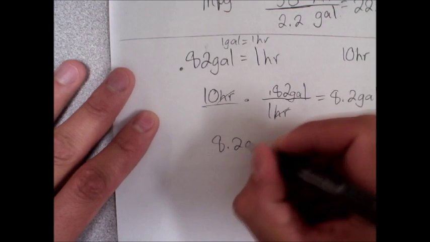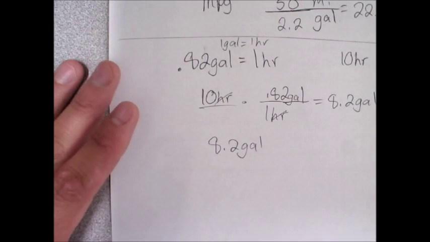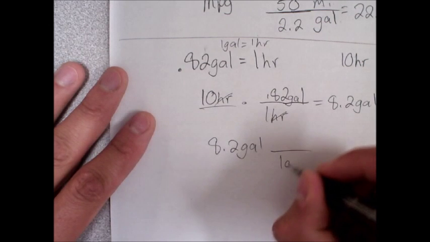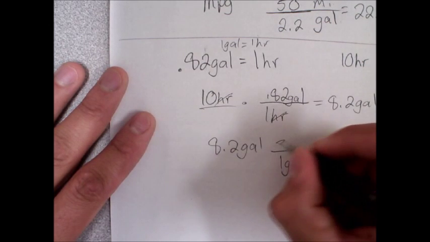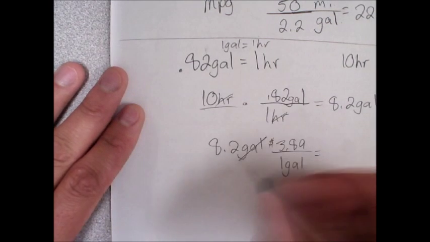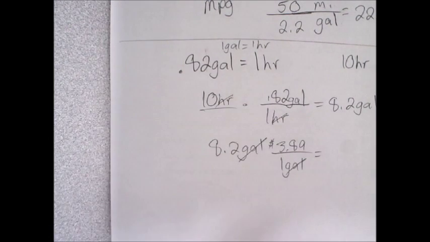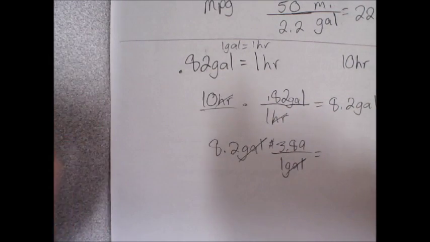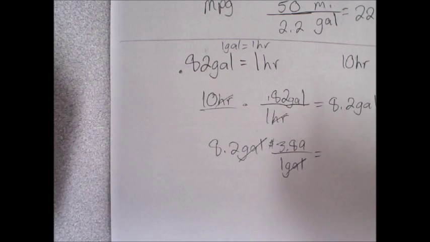So I need to take 8.2 gallons and find out how much it costs for him to sit at idle. So fairly obvious, but I want to remind you why the gallons go away. It's because they're staggered like that. So 8.2 times 3.89 is what? 8.2 times 3.89, that's where I should be here, and calculators are clicking away, is what?